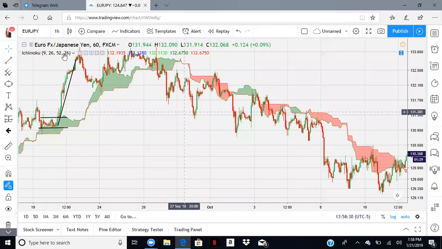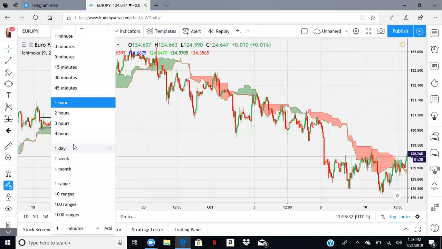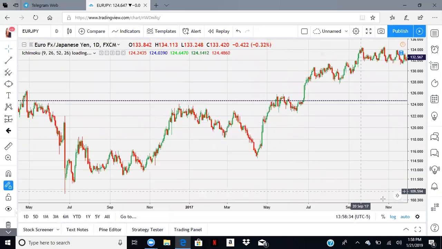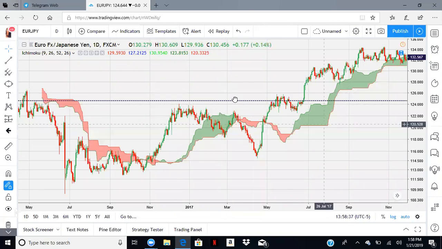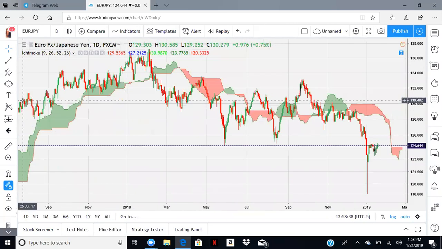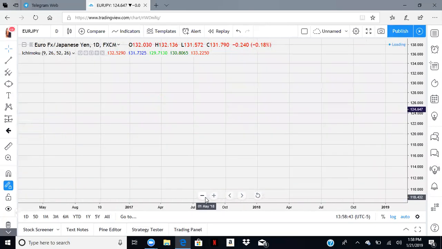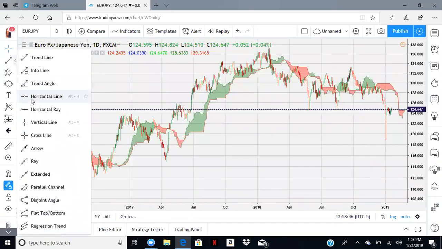Here I didn't identify zones, right? I didn't start on the day chart. I just kind of jumped into whatever. But look at this. Day chart, really quick.